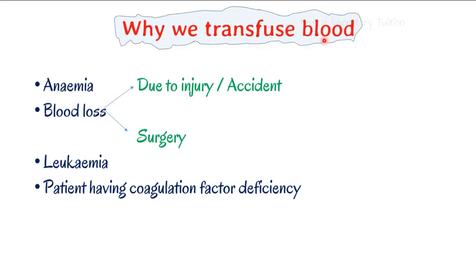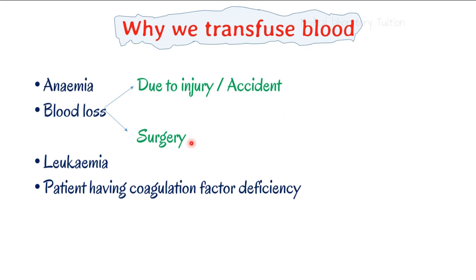Why do we transfuse blood? In case of anemia, where the patient has a low amount of hemoglobin. In case of blood loss due to injury or accident cases, we have to compensate for the blood that is lost. Similarly in case of surgery, we can also transfuse blood, especially in pregnancy, where a lot of blood is lost.